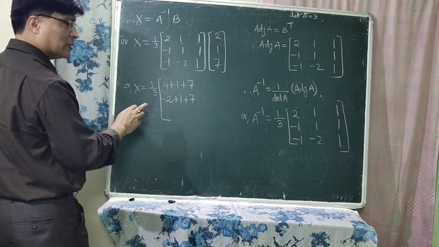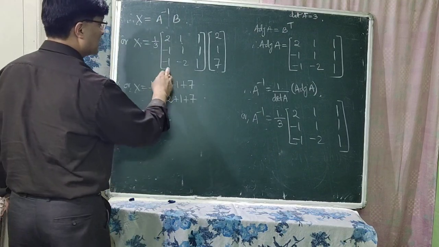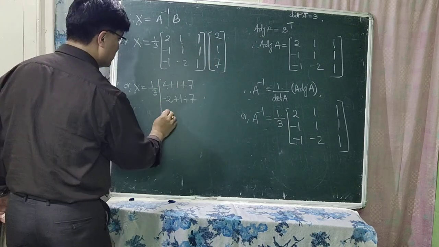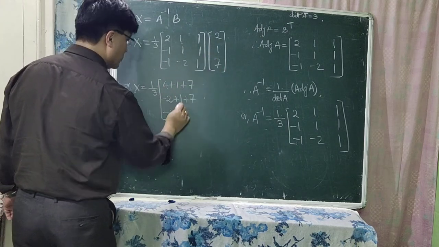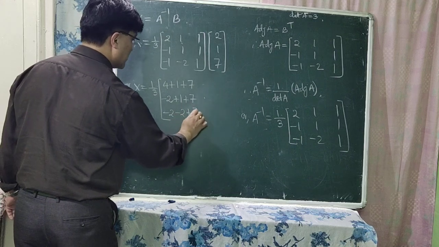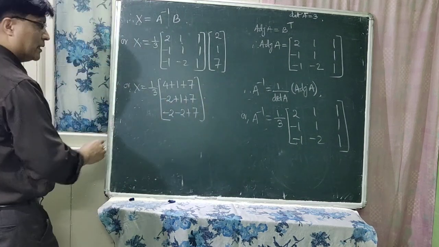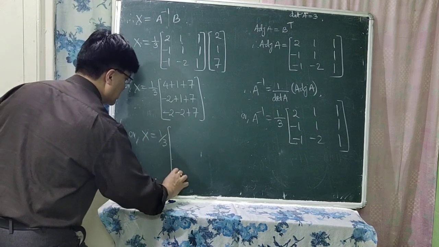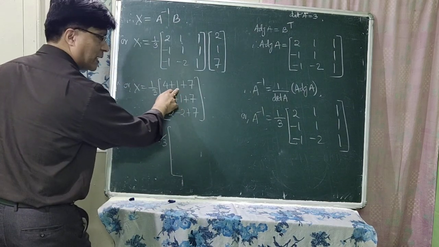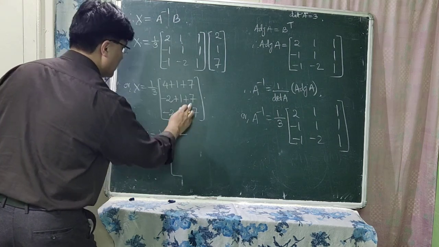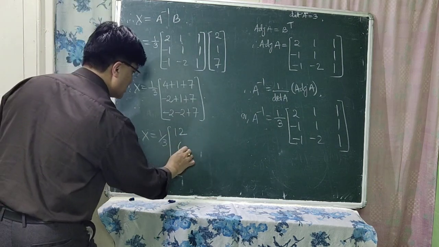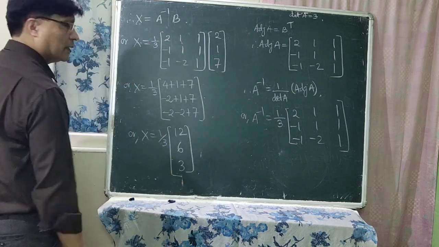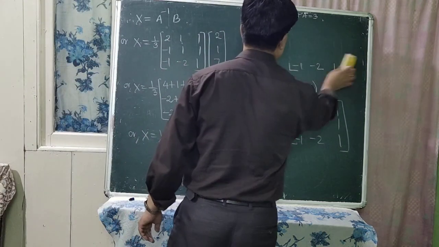Then third row by first column: -1 into 2, -2, -2 into 1, -2, plus 7. So what is capital X here? 1/3, 7 plus 1, 8, 8 plus 4, 12. 7 plus 1, 8, 8 minus 2 is 6. 7 minus 4 is 3.